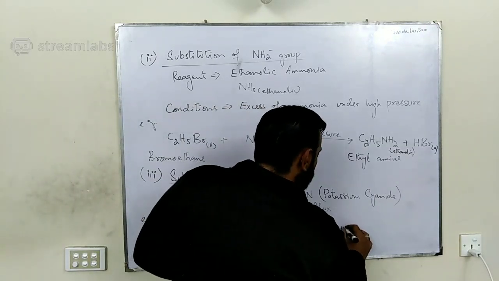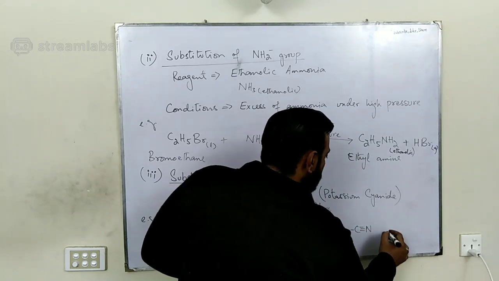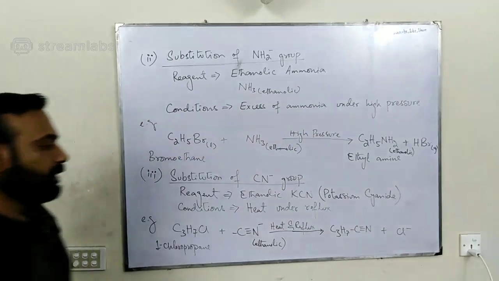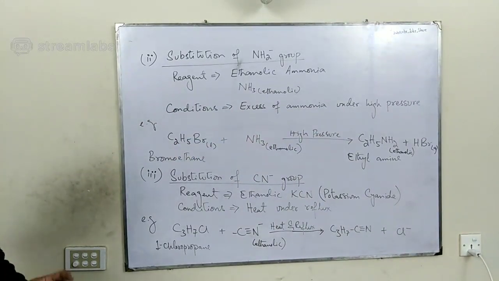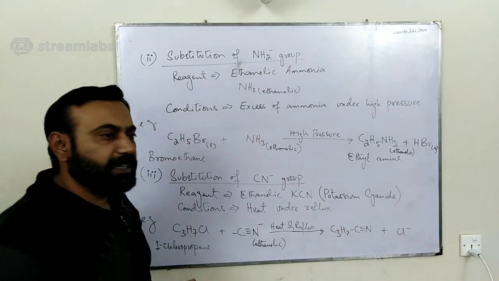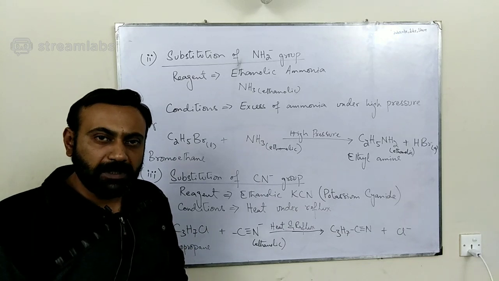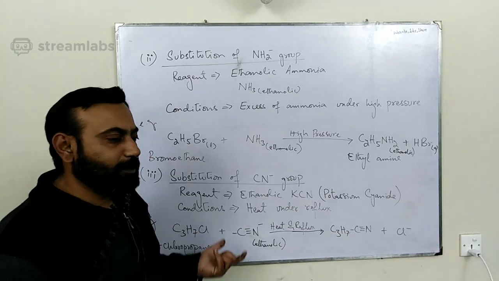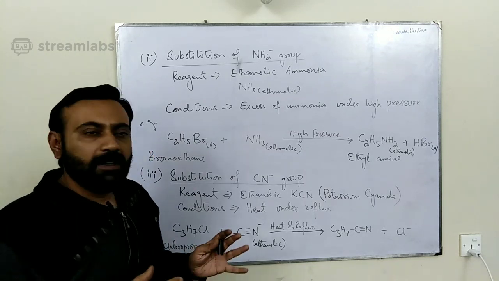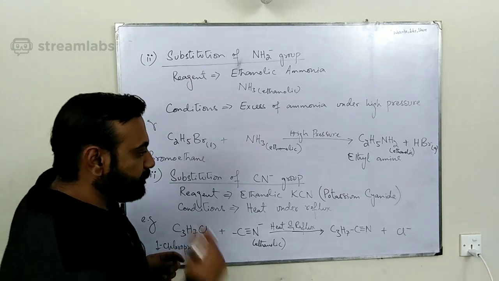So C3H7CN will be produced and chloride ions would be discharged. So again, there are potassium ions already present in the reaction mixture. So in reality, what is formed is potassium chloride, but as potassium ions were spectator ions, they were not taking part in the chemical reaction. So we may or may not write them in the equation.